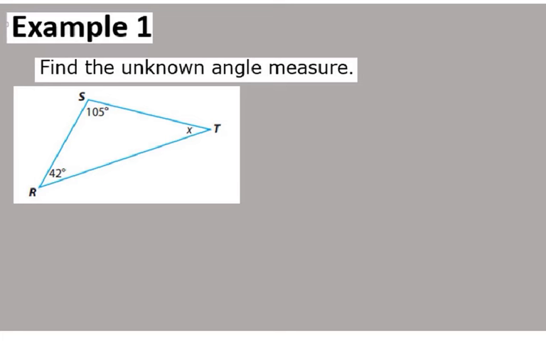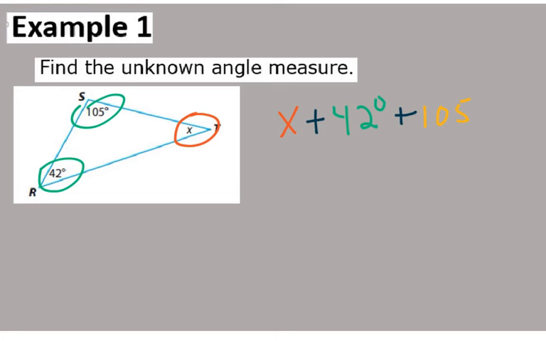Alright, example number 1 says find the unknown angle measure. So we are given 42 degrees and 105 degrees, and we are asked to find the unknown. Now let's go ahead and set this up using an equation. We have our unknown x plus our two knowns of 42 degrees plus 105, and we know that all of that equals 180.